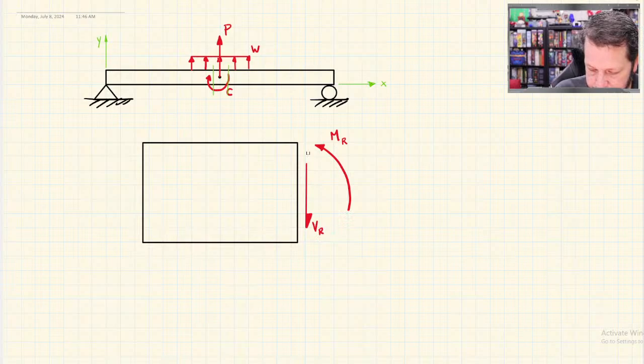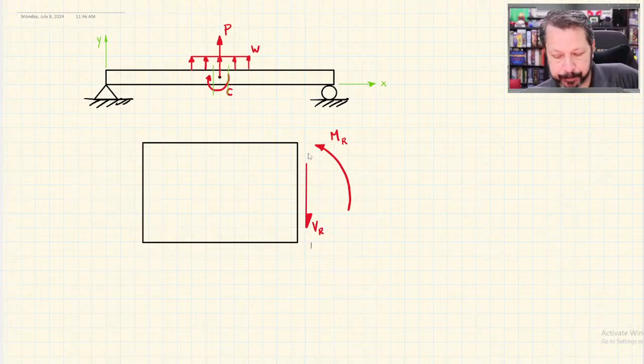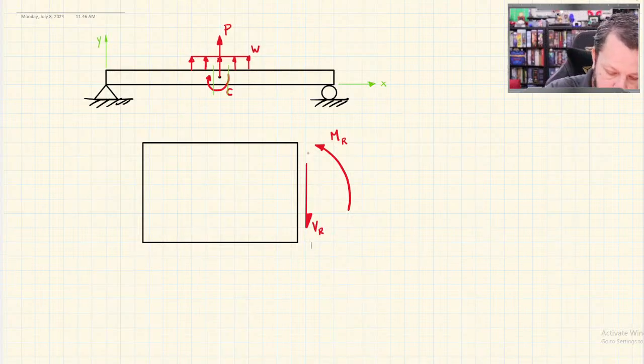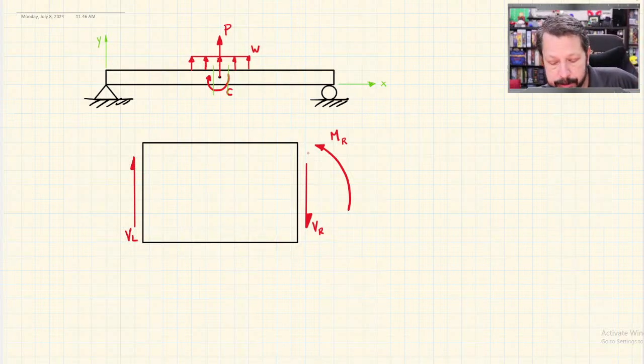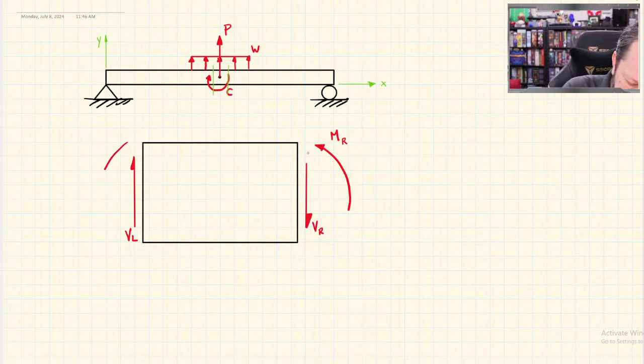Actually, I'm going to make me some room there. And then I'll have the corresponding shear force on the left hand side, which may not be equal to the shear force on the right hand side. So it could be a different number. And I'll have the bending moment on the left hand side.